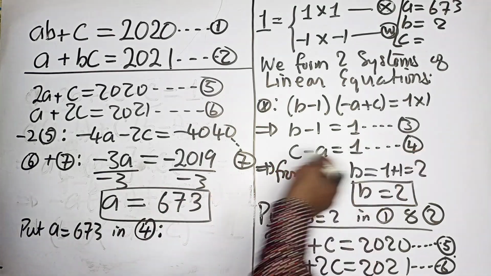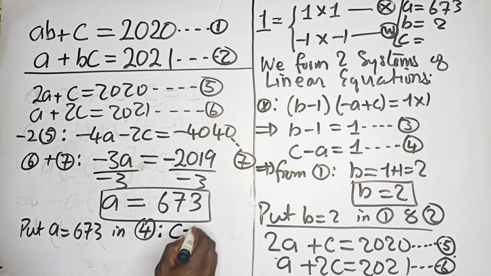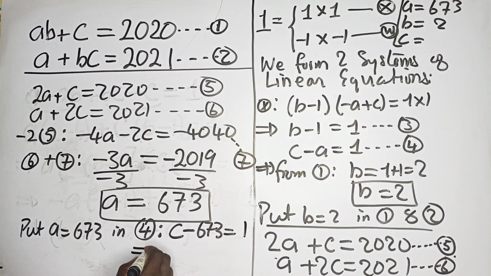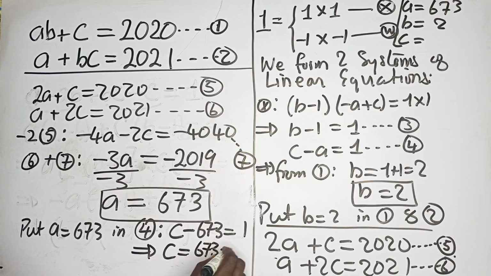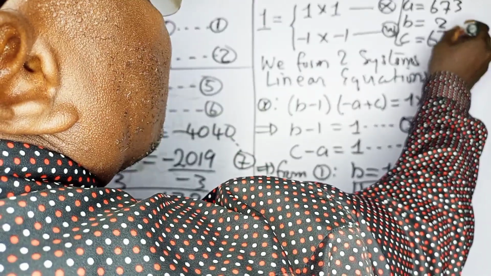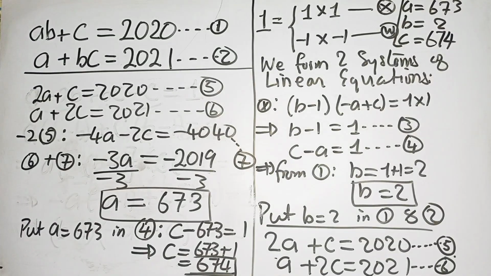We're saying c minus 673 is equal to 1. This therefore means that c will be 673 plus 1, which is 674. So we now know the value of c to be 674.